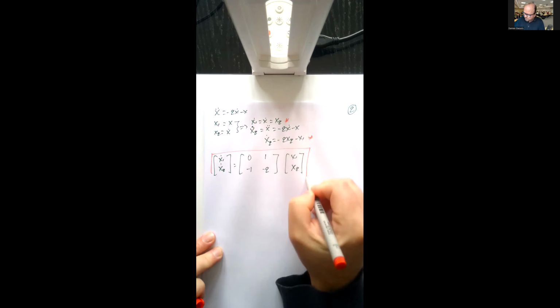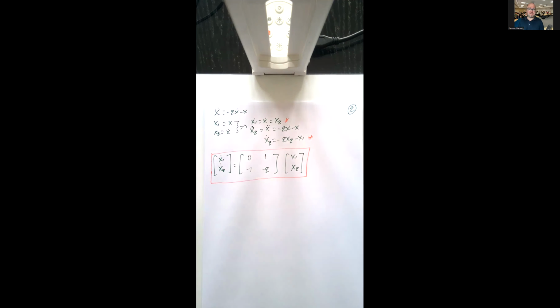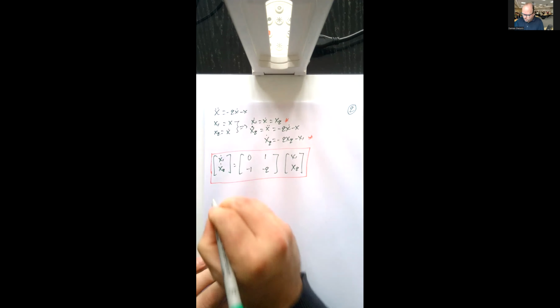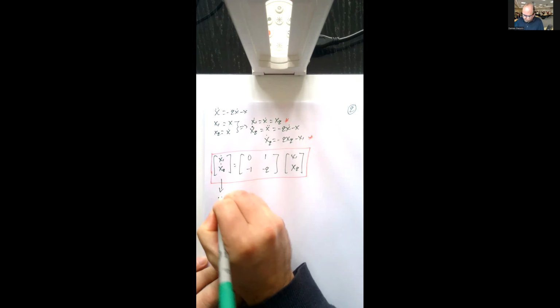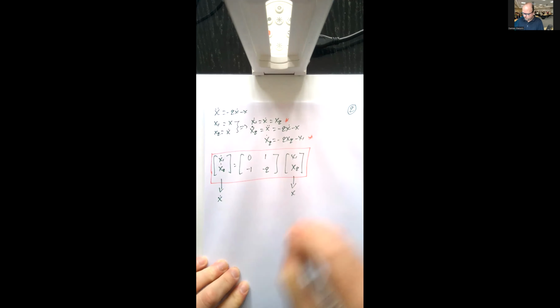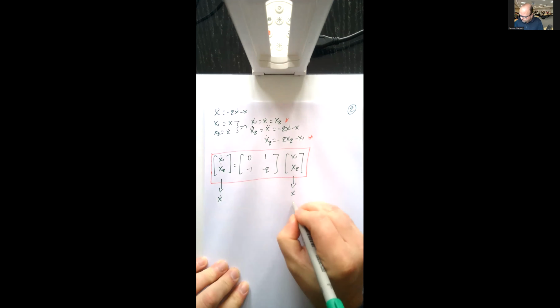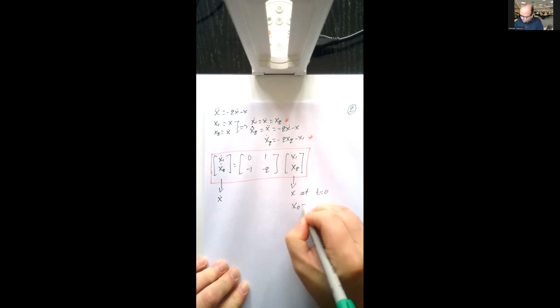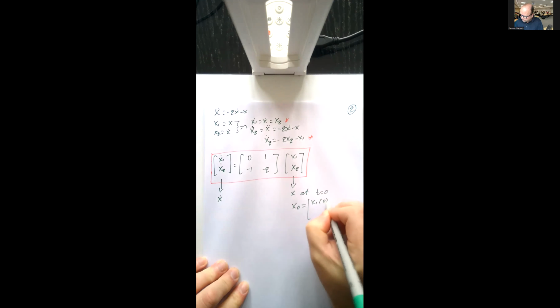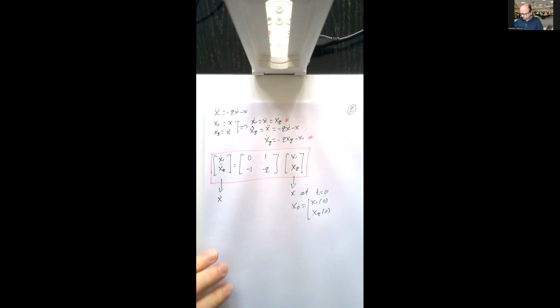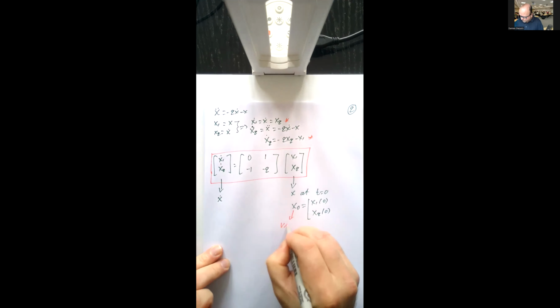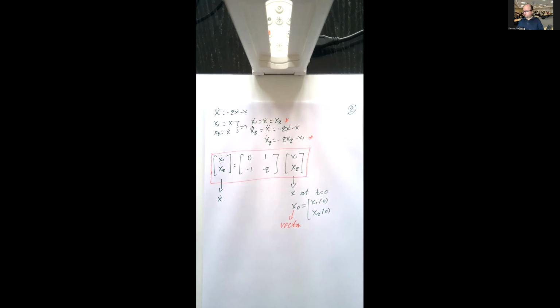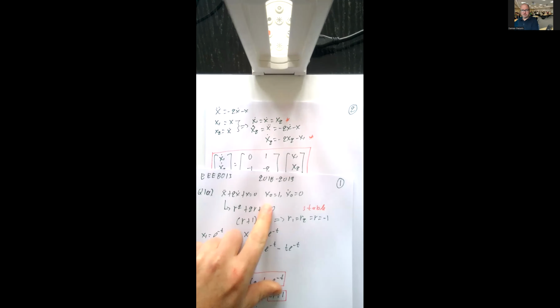So now this is my state space model. Because I will need to solve this state space model, I need to find the initial condition. Okay, so if this is x dot, obviously this is going to be x. So the vector x at 0 will be x1 at the instant 0, x2 at the instant 0. Okay, please remember this is a vector, and this is not this x0.